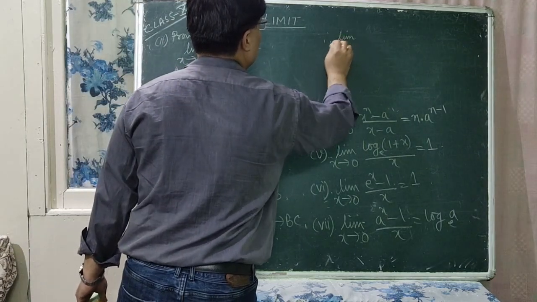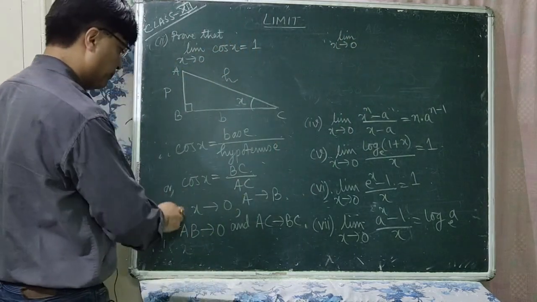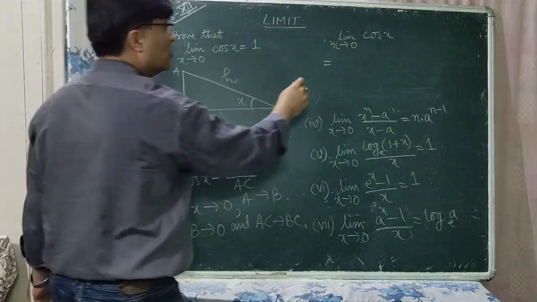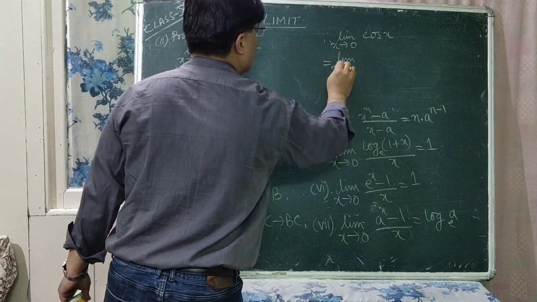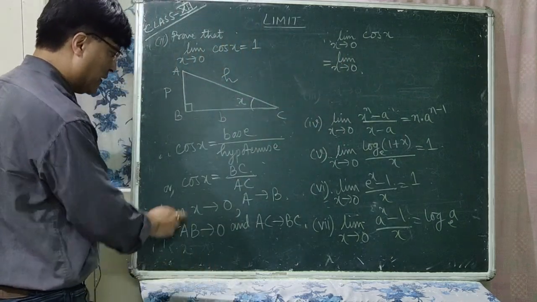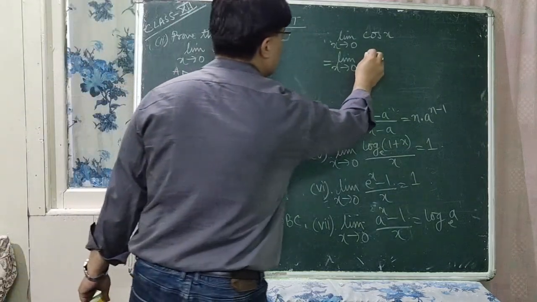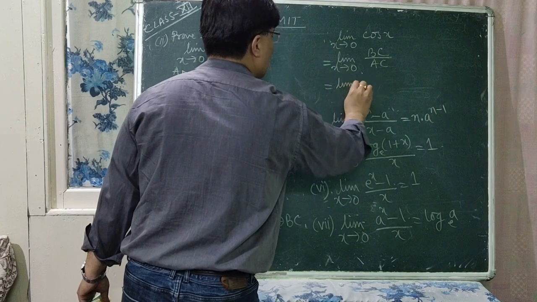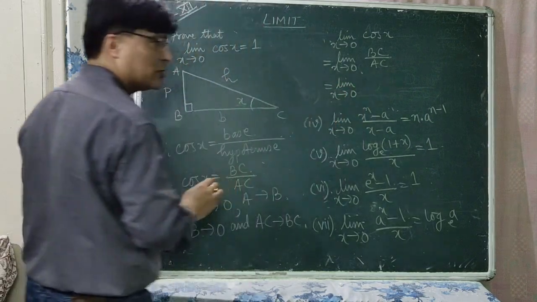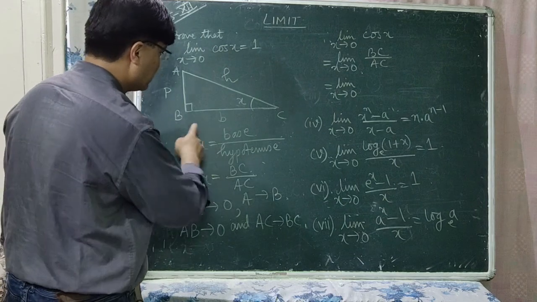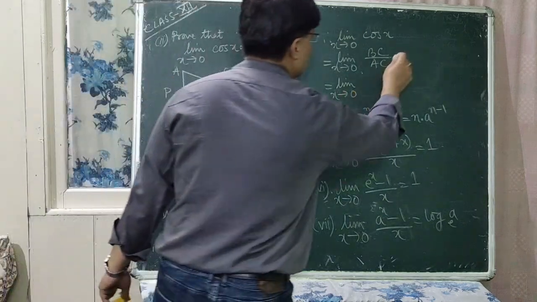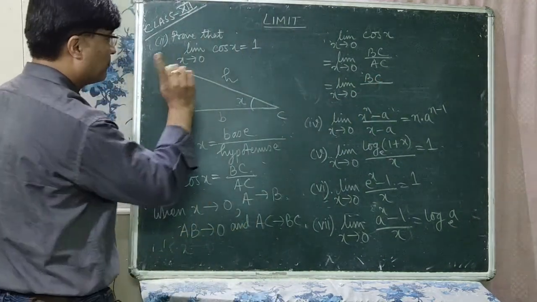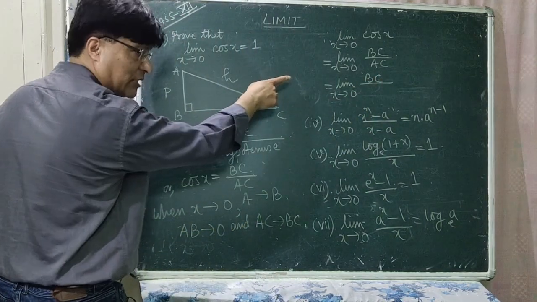Therefore, limit x tends to 0 of cos x, which is equal to limit x tends to 0 of what? What is the value for cos x out here? It is BC by AC. So it is BC by AC. Now in this case, BC remains fixed, divided by AC.